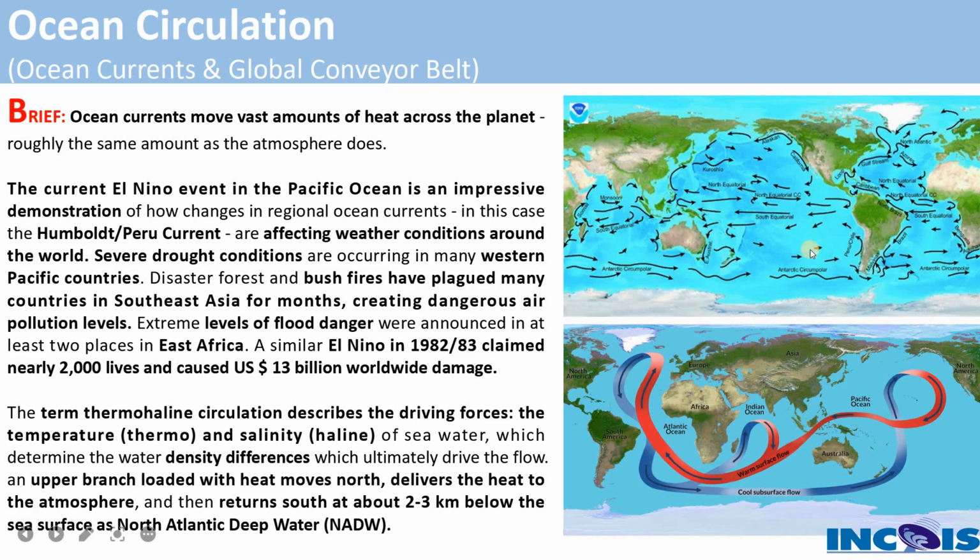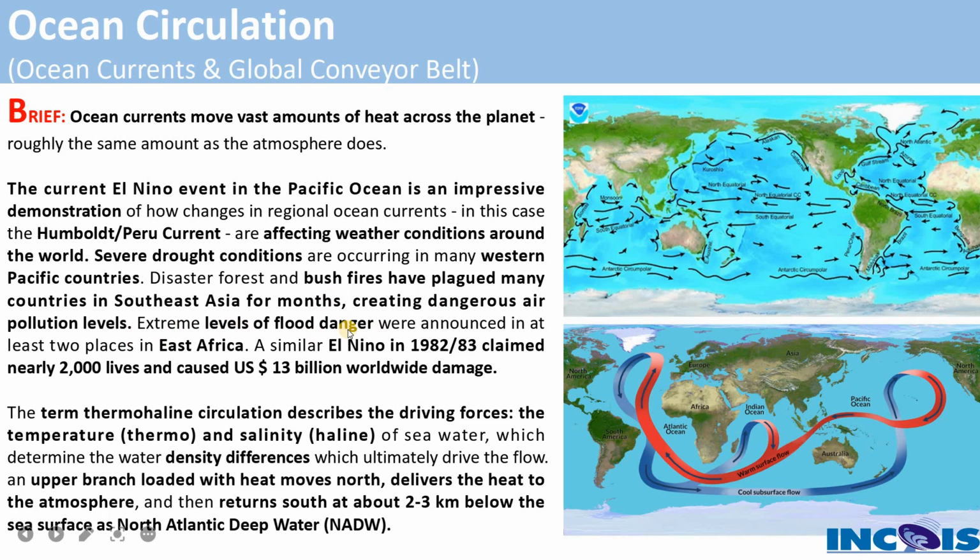That will show us how the changes in ocean currents impact our climate and the regional climate, marine and atmospheric, inland effects as well, right? If you see this El Nino event, there is a change in the Peru current that affects weather conditions around the world, like severe drought conditions in many Western countries, disastrous forest bushfires that have plagued many countries in Southeast Asia for a month, in fact creating dangerous air pollution levels as well.